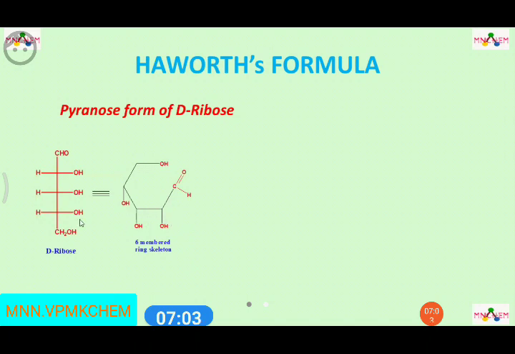I am repeating, the substituents which are present on the right hand side of this vertical line in the Fischer projection should be written below in the Haworth representation. So here you can notice these hydroxy groups which we have written are below the ring.